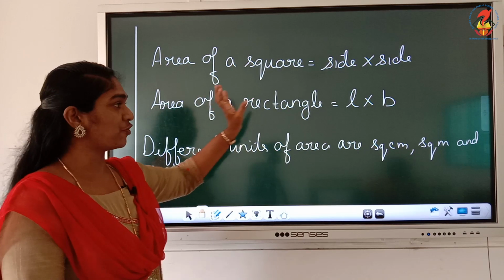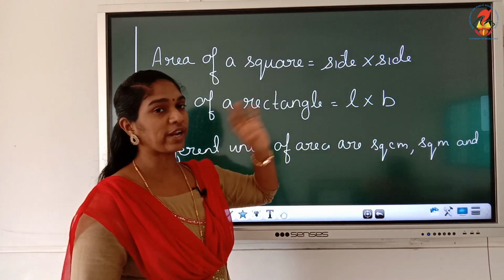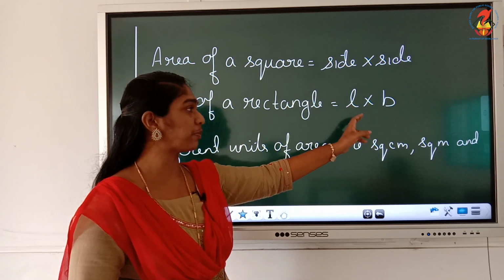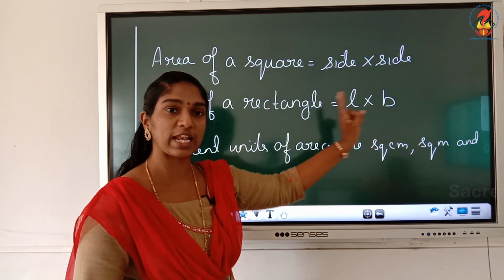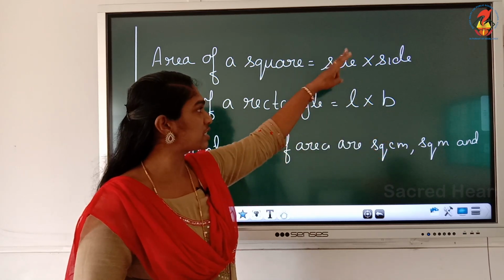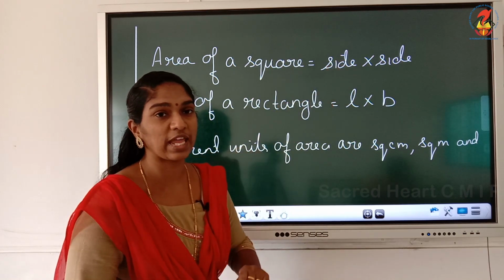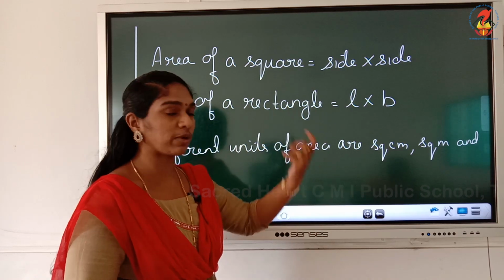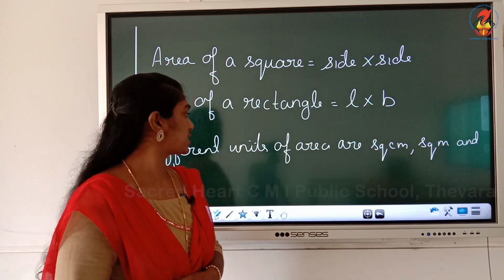To find the area of a rectangle, we know a rectangle has length and breadth. So, to find the area of a rectangle, you multiply the length and breadth, L into B, length into breadth. So, these are the two formulas for finding the area of a square and the area of a rectangle, and using these formulas we will be doing the questions.